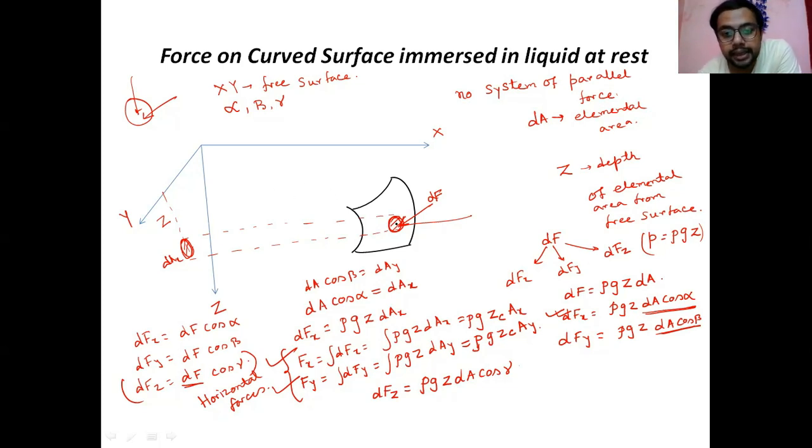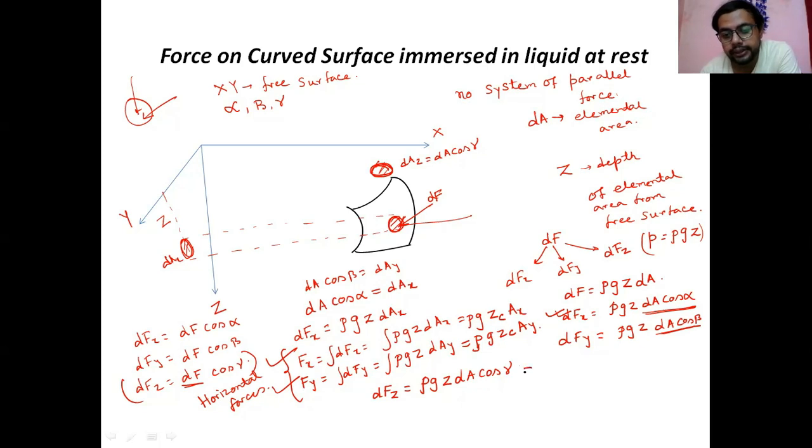So this same surface, if you project it here on the xy plane, it will come as dAz, that is nothing but equal to dA cos gamma. Okay, same surface you are projecting.